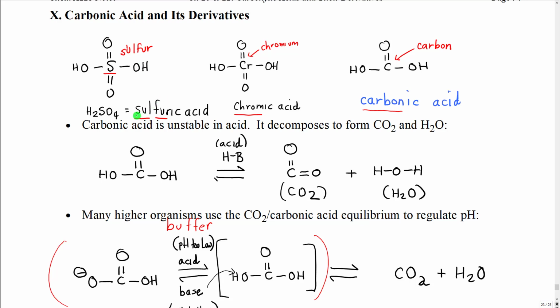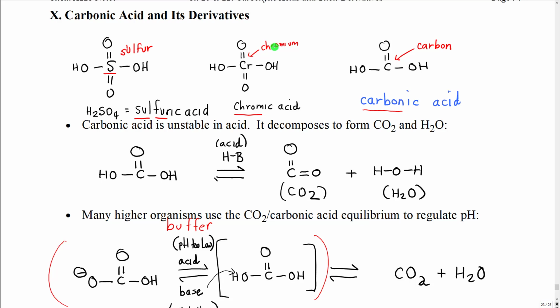This was called sulfuric acid, right? Because we have a sulfur in the middle and then it's an -ic acid. Similarly, we did briefly reference the chromium equivalent of this. We had chromium in the middle, double-bonded O, OH, and OH. We called this chromic acid for the chromium.